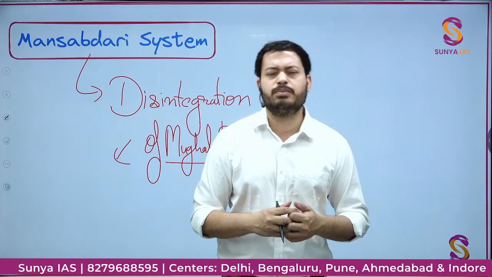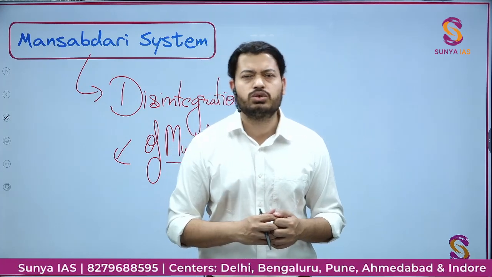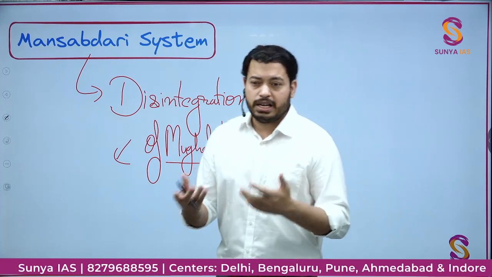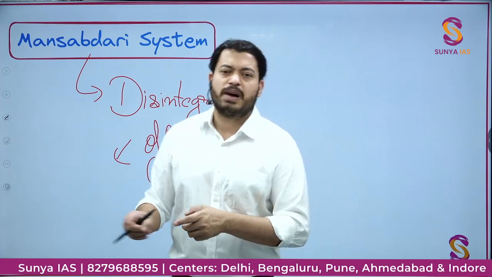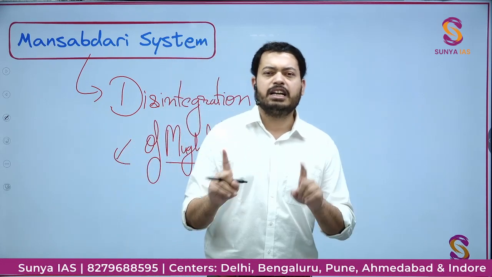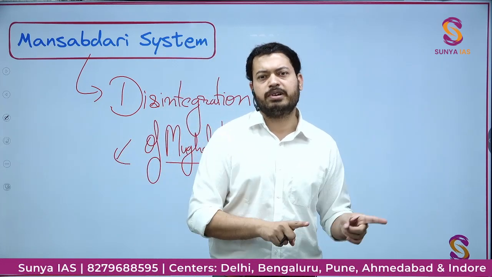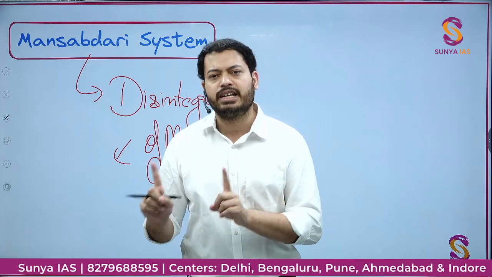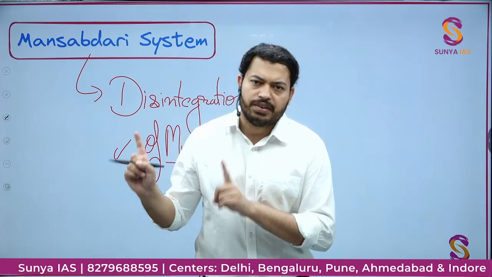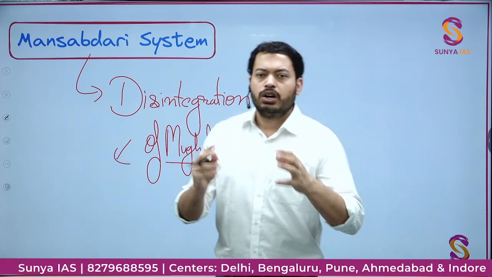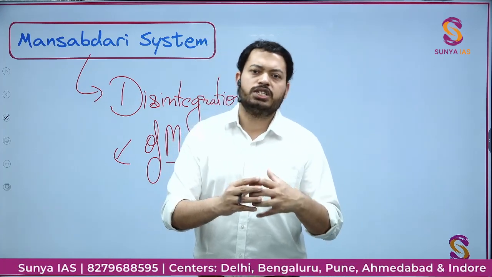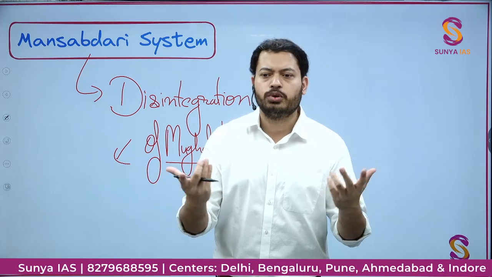Ultimately, this system became a lot more inefficient, so much so that even Aurangzeb, while he was in power, started letting it go. For example, when he expanded his empire in the Deccan, he made sure that the Mansabdari system was not implemented in those areas, and he got salaried employees to collect the revenue over there. So Mansabdari could be considered a combination, or an amalgamation, of a civilian and military bureaucracy.